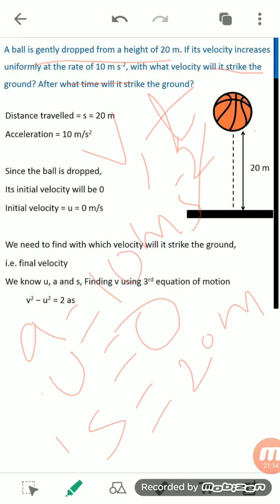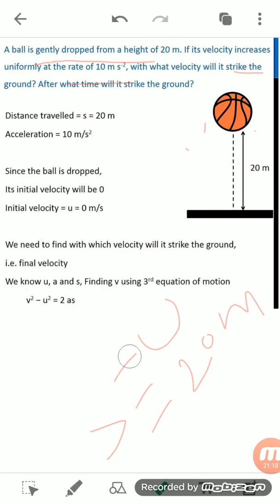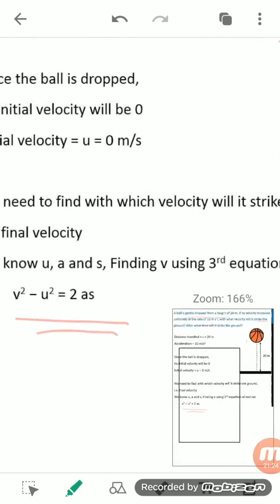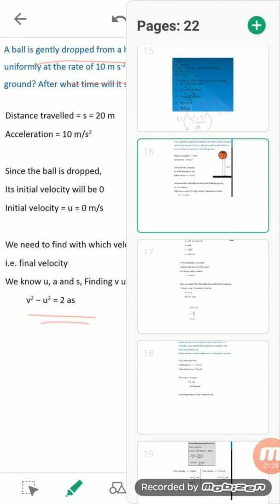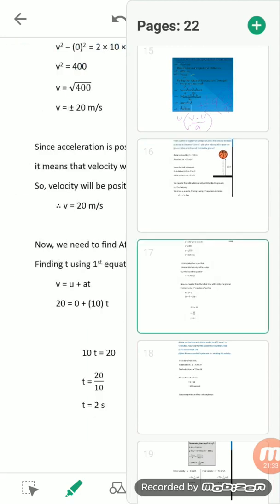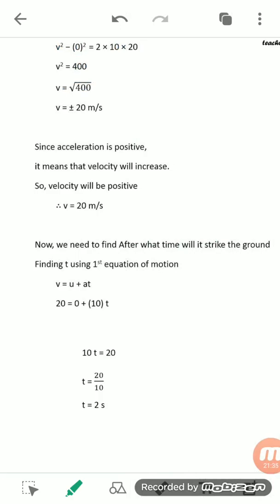At first we have to find the final velocity. By using the third equation of motion, that is v square minus u square is equal to 2as, we are able to find the final velocity when it strikes the surface of the ground.